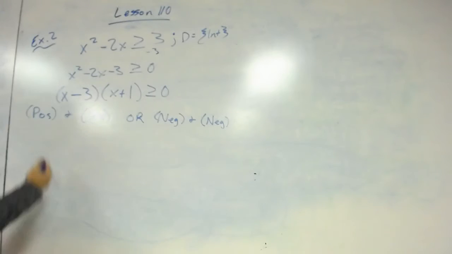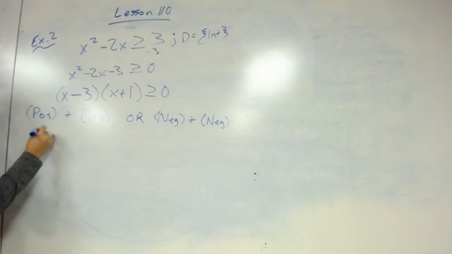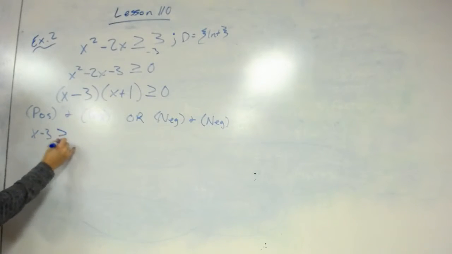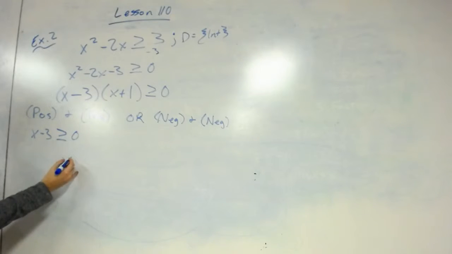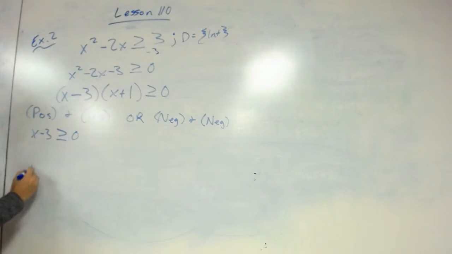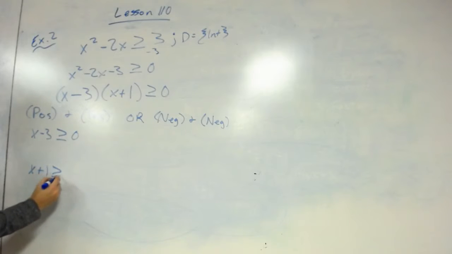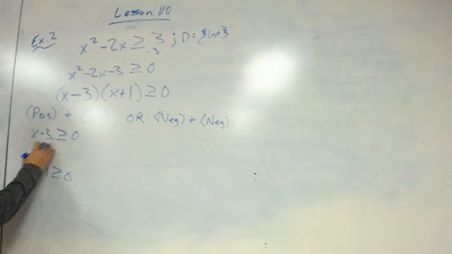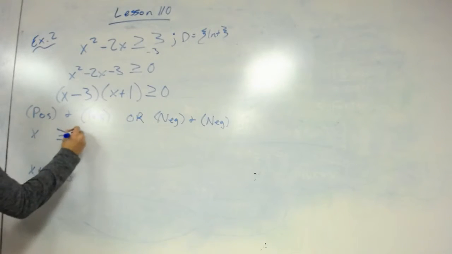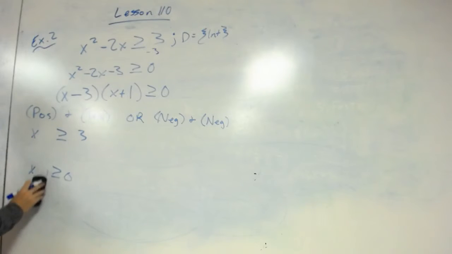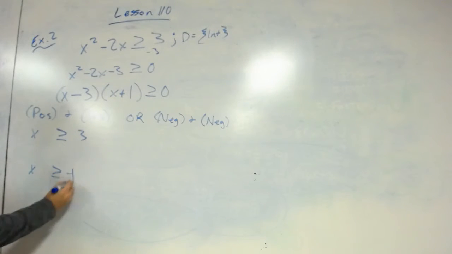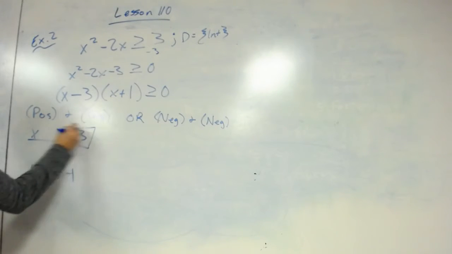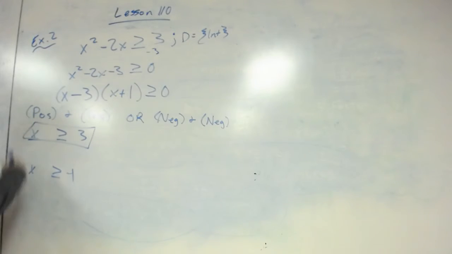Let's start with the positive and positive. x − 3 has to be greater than or equal to 0, and x + 1 has to be greater than or equal to 0. So we add 3, which becomes 3, and subtract 1, which becomes negative 1. Only x ≥ 3 satisfies the positive solution set, so we can erase the other one.